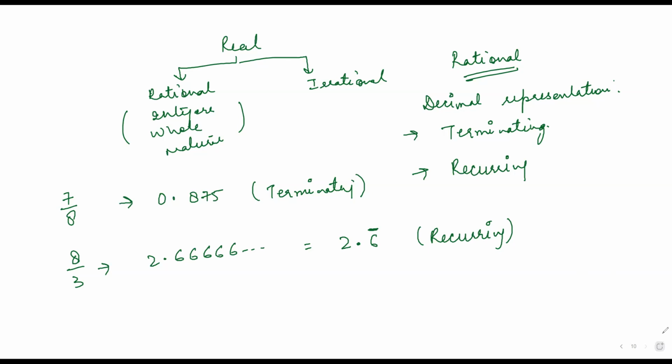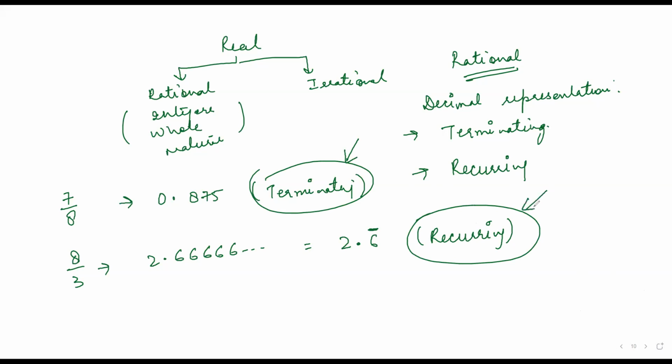Then we were actually doing, now you have seen there are 2 types, terminating and recurring, right? Now we are doing the reverse thing: if a terminating decimal is given to us, how to convert it back in the form of P by Q, and if a recurring representation is given, how to convert it back into P by Q. That we are doing right now.